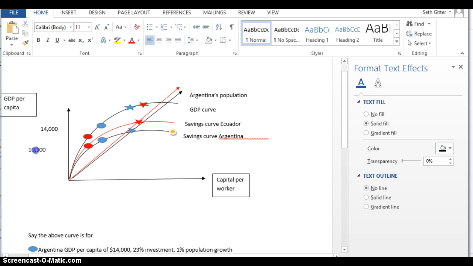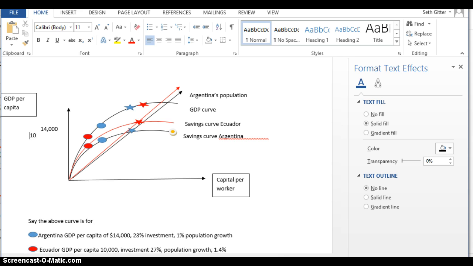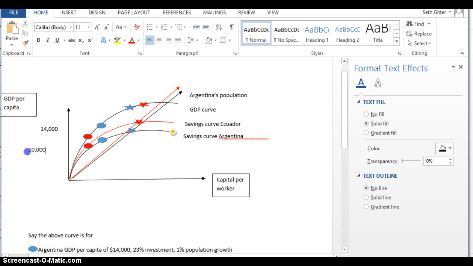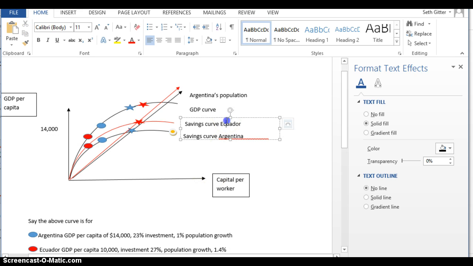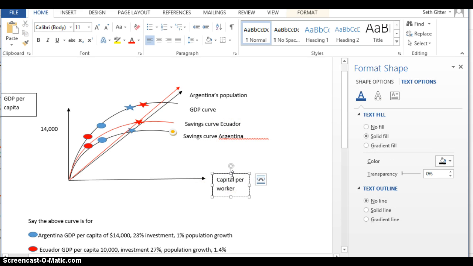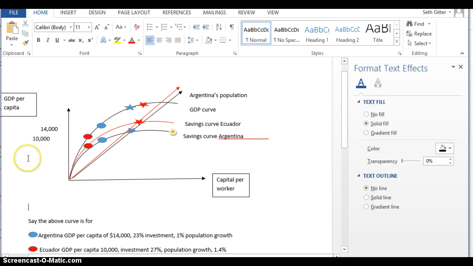I don't expect you guys to draw these graphs to scale. It's really hard to do that. Sorry, sometimes this is a little bit difficult. All right, I'm going to pause it and make a little box for 10,000. All right, while I was paused there, I made a box for 10,000.